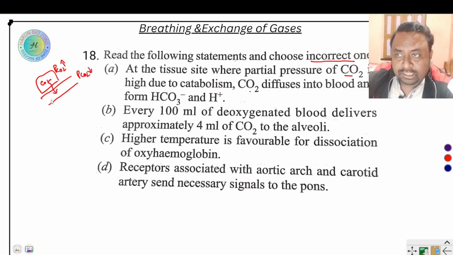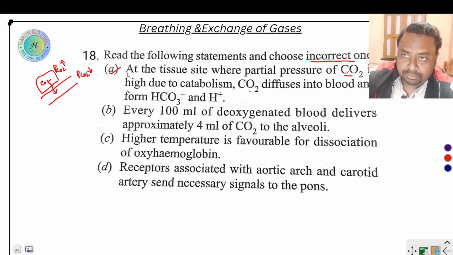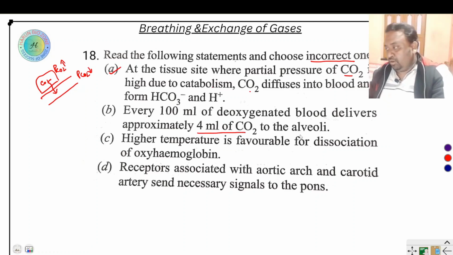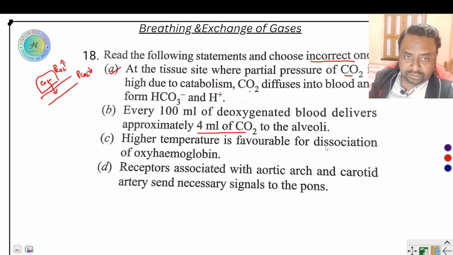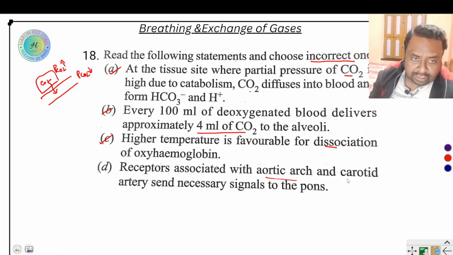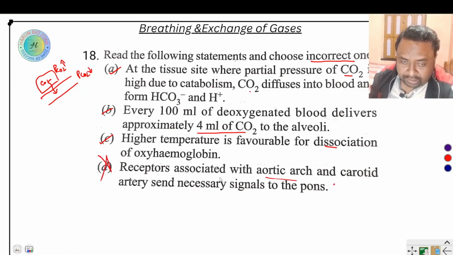Then the CO2 is transported into the blood. That is right. Every 100 ml of deoxygenated blood delivers approximately 4 ml of CO2 to the alveoli. Higher temperature is favorable for dissociation of oxygen. Right, it is also right. Respiratory rhythm center receives signals from the aortic arch and carotid artery and sends signals to the pons. False. This is the wrong answer.